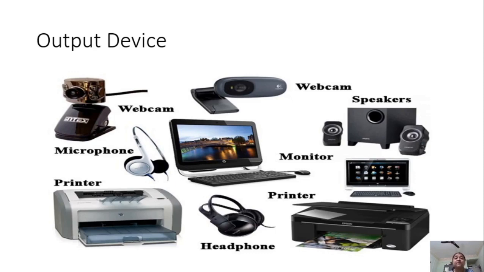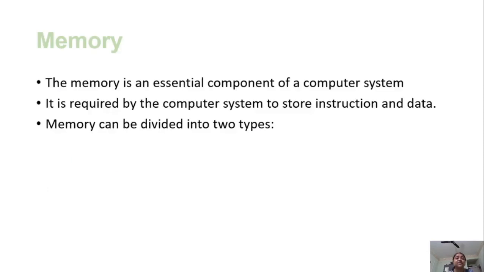Thus, from the earlier image and this image, we come to know that through input devices, we input the data into the system and the central processing unit using arithmetic logic unit, memory unit, and control unit processes the data and gives us the output on the printer, webcam, monitor, etc.